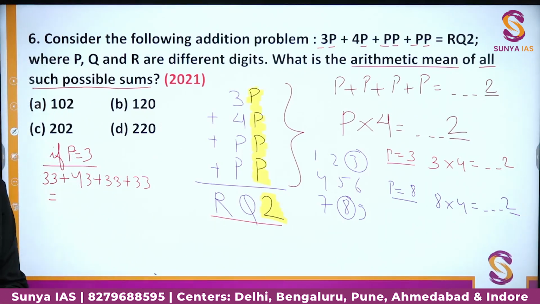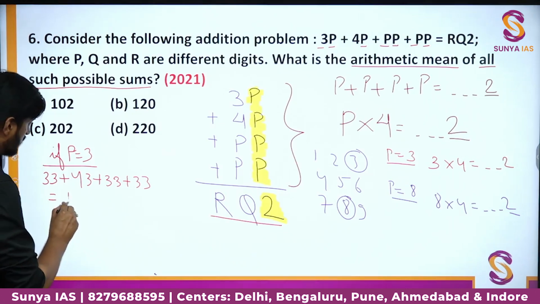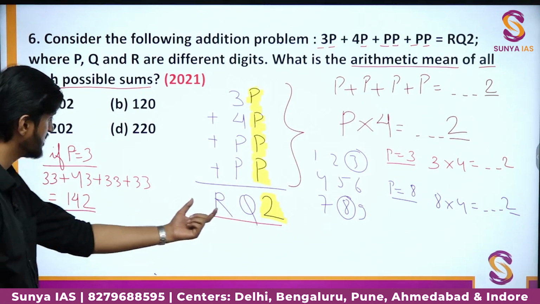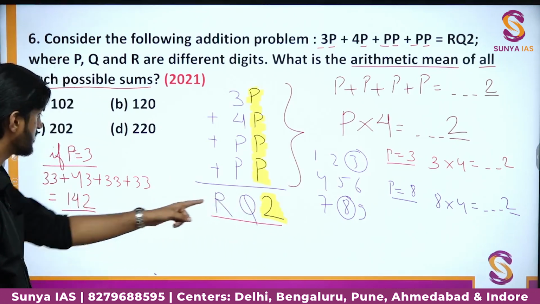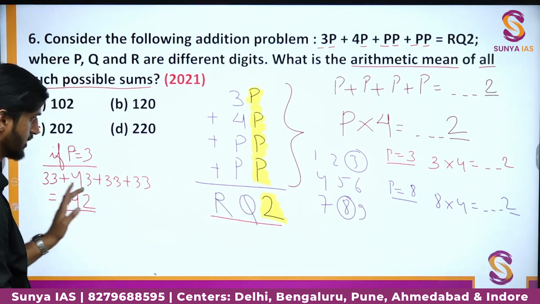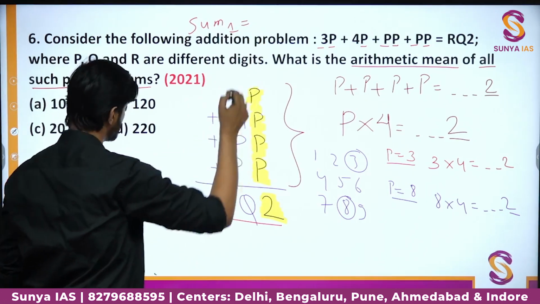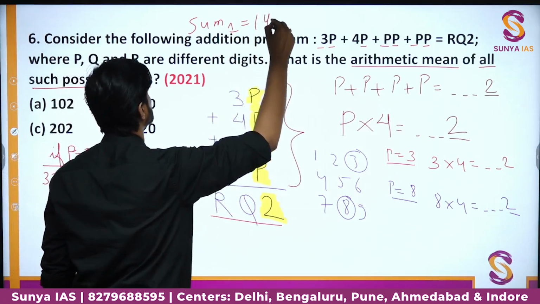It is that simple, and when we add them up, the value we get is 142. So this is one sum. Here you can compare with RQ2: 142, where Q is equal to 4 and R is equal to 1. So one possible sum is, I am writing, sum 1 is equal to 142.